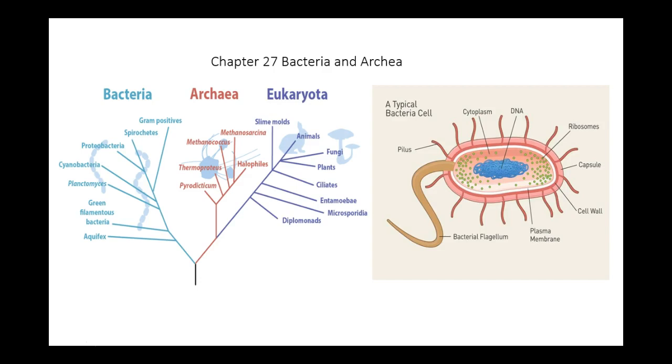These two major branches of the domain triumvirate, the three parts, are vast. They're huge groups of different life organisms, and so what we will do is talk about them generally.